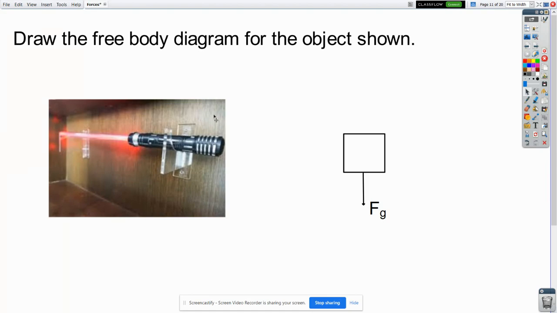Now, as we can see in the illustration here, this lightsaber is being supported by two brackets on the wall. Those brackets are counteracting gravity.